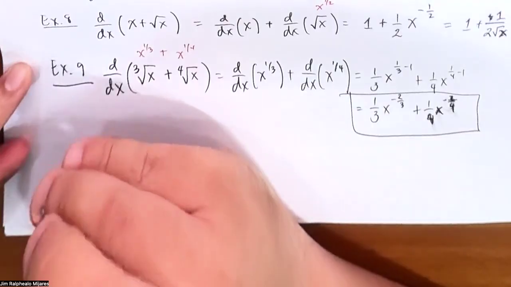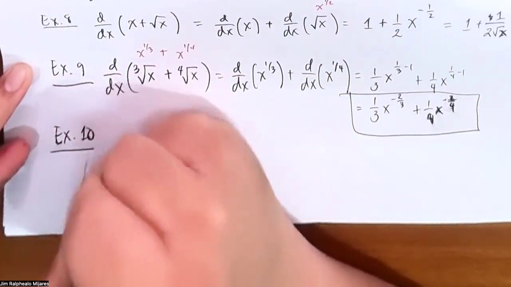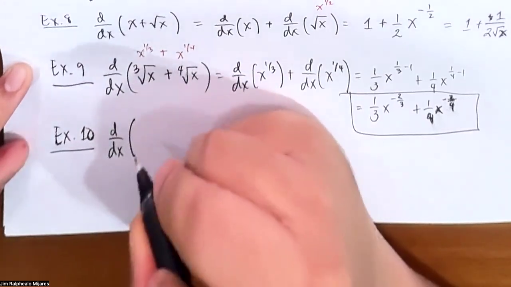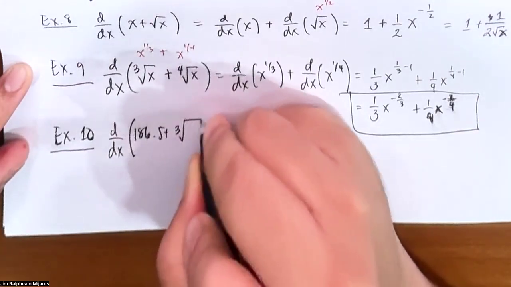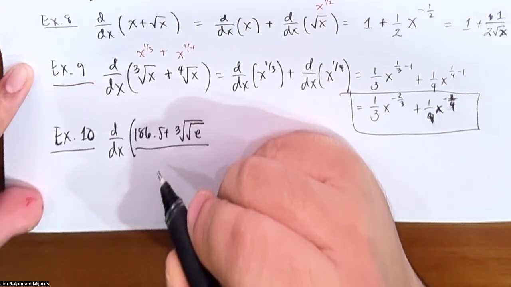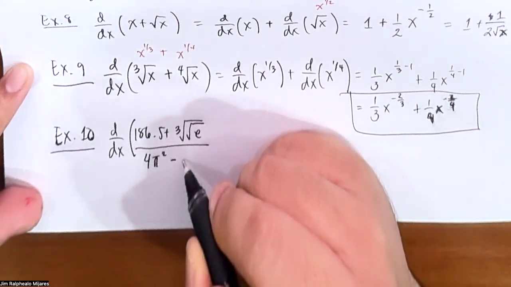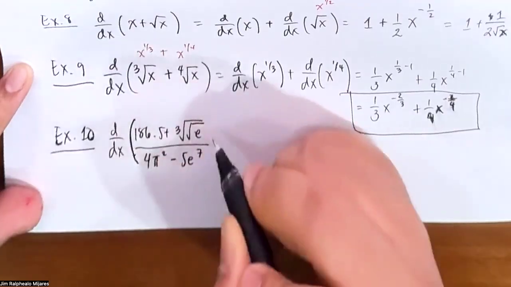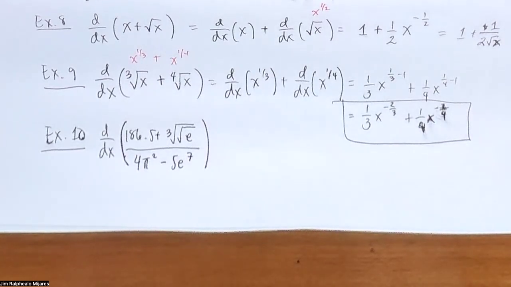And last item. All right. So, find the derivative of 186.5 plus the cube root of the square root of e all over 4 pi squared minus 5e to the 7th.